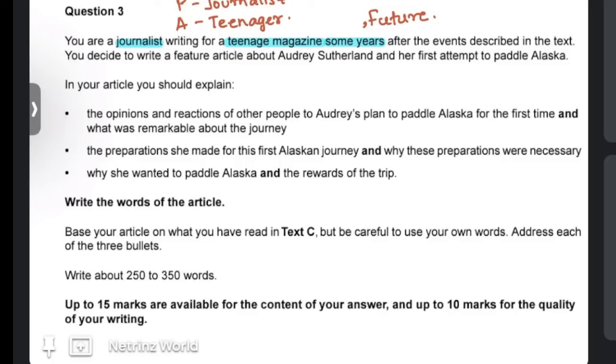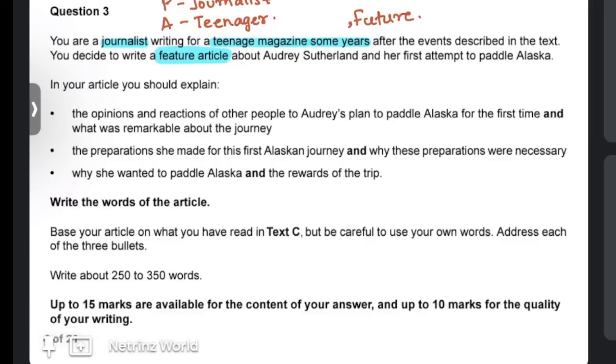You decide to write a feature article. When I say feature article, it's the highlighted article of any magazine, about Audrey Sutherland and her first attempt to paddle Alaska. So this is all given in the text, so we have to pick it up from the text.